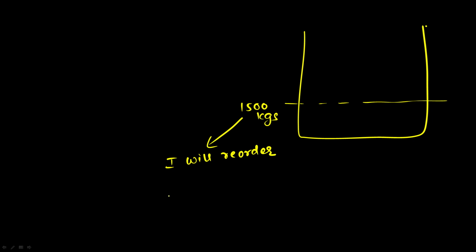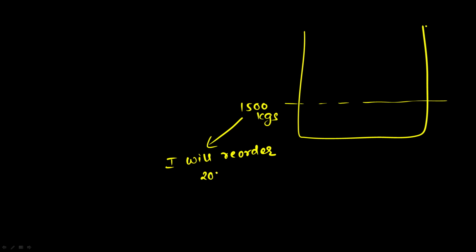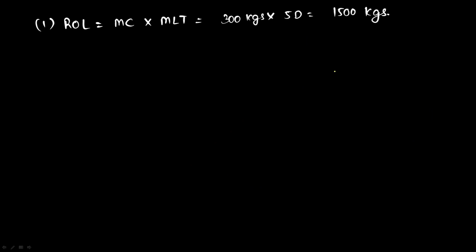How many cages? I will reorder 2000 cages. You are all perfect with 1500 at 2000, right? 2000 cages is a number of quantity I am ordering. 1500 cages is a level at which I am ordering 2000 cages. Reorder level is 1500 cages.